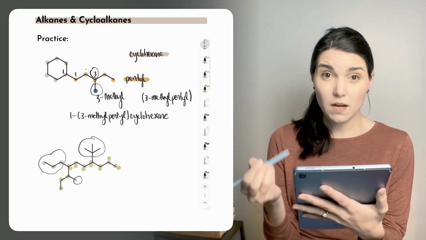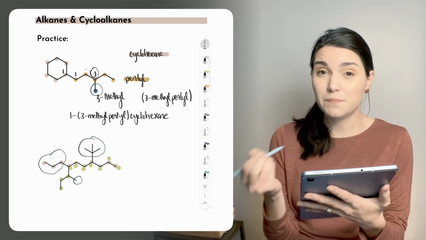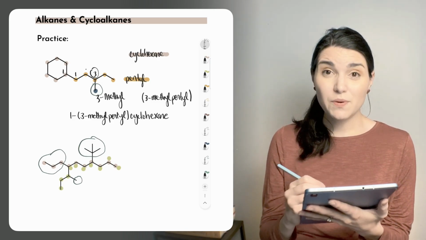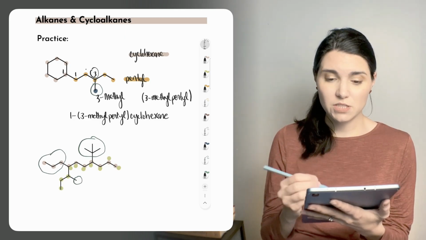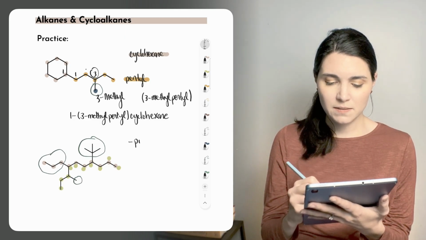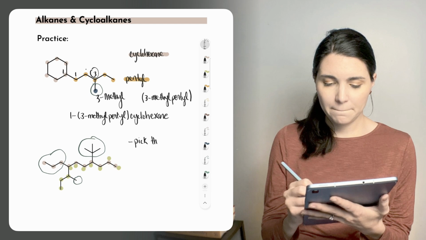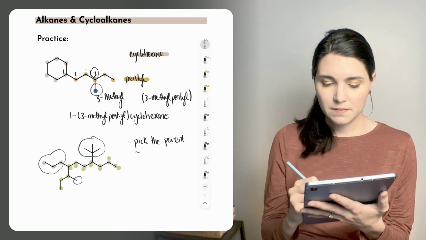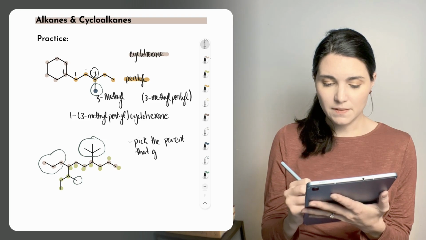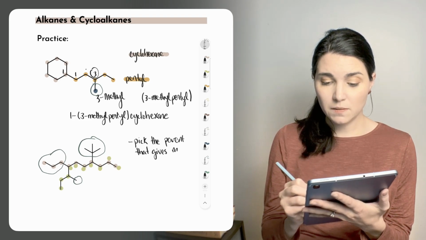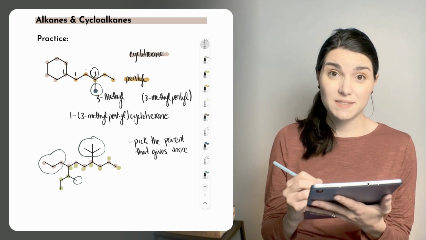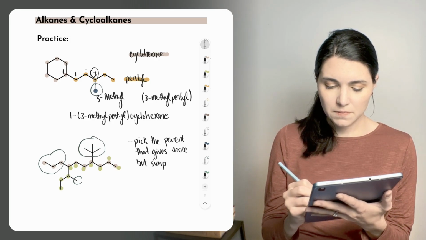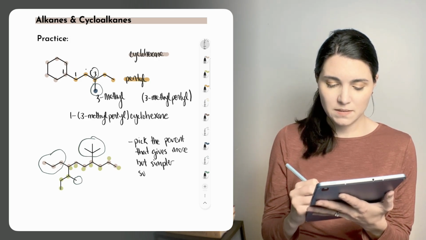So which one are we going to choose? So here's a guideline from IUPAC that I haven't mentioned yet because it's just easier to teach within an example. If you have a choice with your longest chain, you're going to pick the chain for the parent that gives more but simpler substituents.